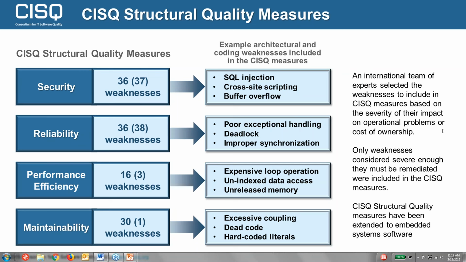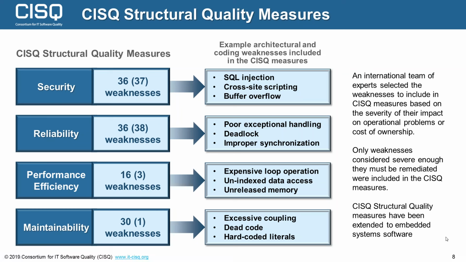An important recent development: Bob Martin, who's been very involved in the creation of the Common Weakness Enumeration up at MITRE, which is supported by the Department of Homeland Security and the National Institute of Standards and Technology, has assigned CWE numbers, or had CWE numbers assigned, to all of the CISQ weaknesses. So these are now in the Common Weakness Enumeration repository, which is the world's largest repository, originally of security weaknesses, of ways that hackers have exploited to get into software.